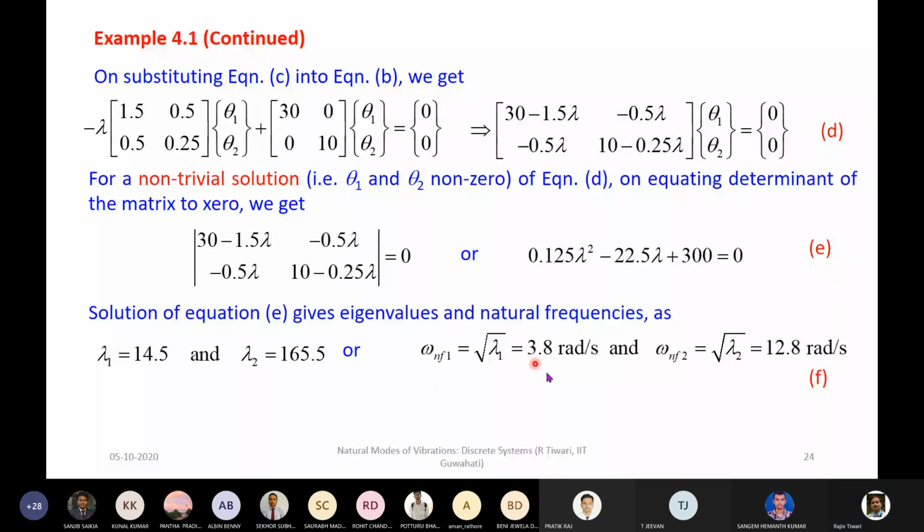I put them in a particular order: the lowest one I am keeping as omega 1, and the next higher is 12.8. If we have a 3-degree of freedom system, then accordingly we need to arrange the third next to this. So we got the natural frequencies by taking the determinant of this matrix.